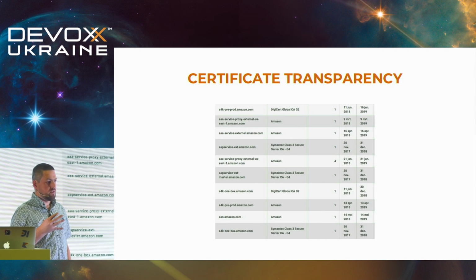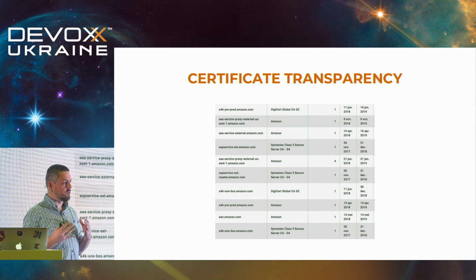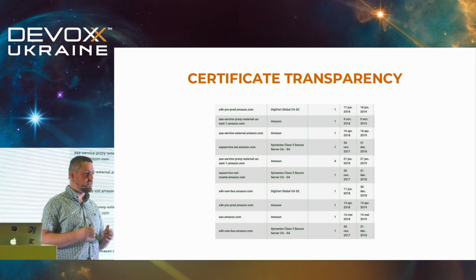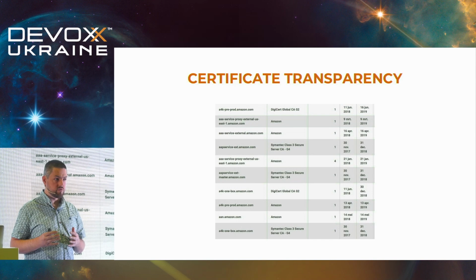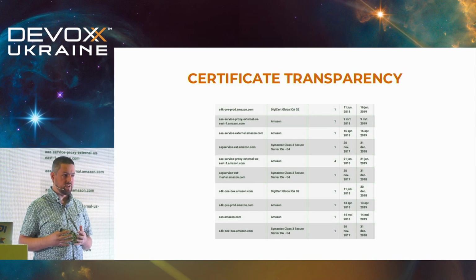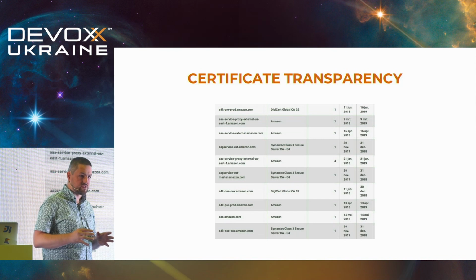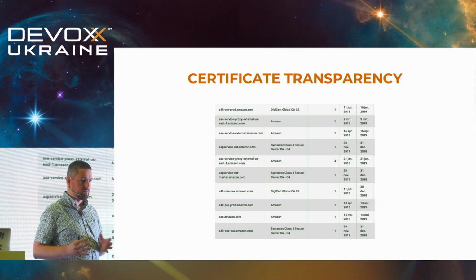And the certificate authorities, they made an agreement that since about a year or so, they would publish every certificate they issue in a public log file. So every time you get a certificate for your site, or anyone gets a certificate for their site, that information is logged, and those logs are publicly accessible. And that's called certificate transparency.